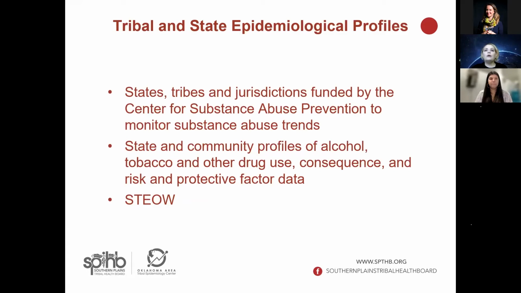There are also the tribal and state epidemiological profiles. A lot of states have epidemiological profiles. Oklahoma did a really neat thing, and they combined their tribal epidemiological outcomes work group with their state epidemiological outcomes work groups. And so they have these profiles for the tribe and for the state on indicators.